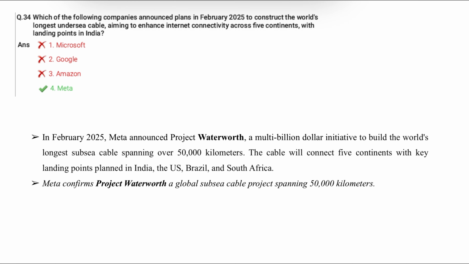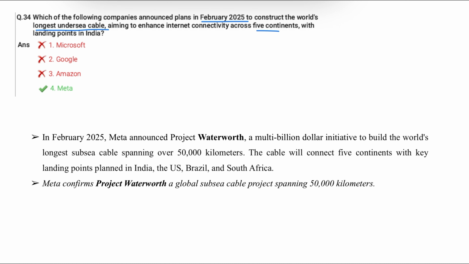Question number 34. Which of the following companies announced plans in February 2025 to construct the world's longest undersea cable, aiming to enhance internet connectivity across 5 continents with landing points in India?